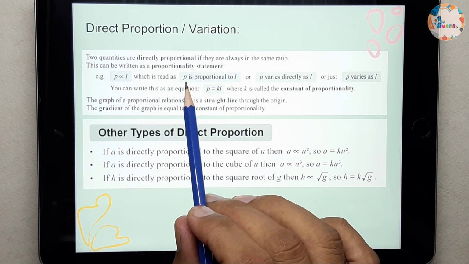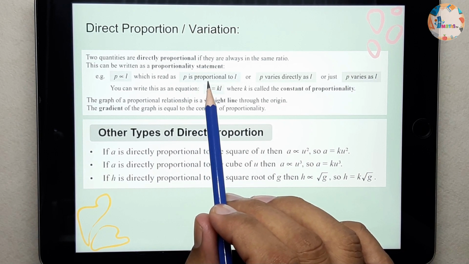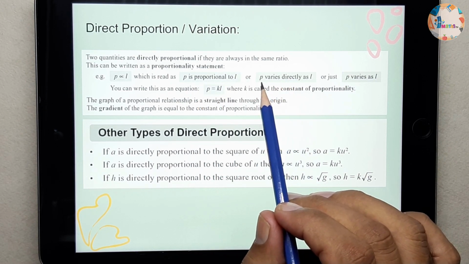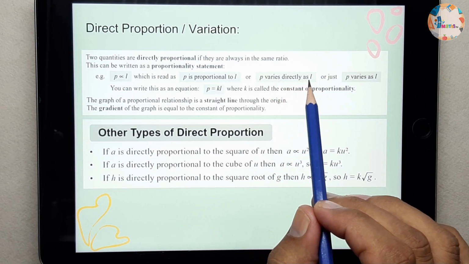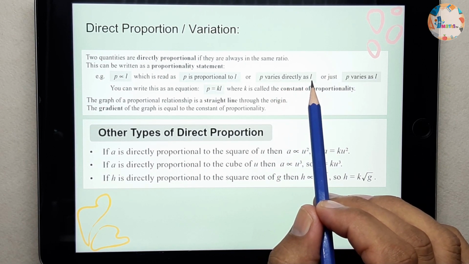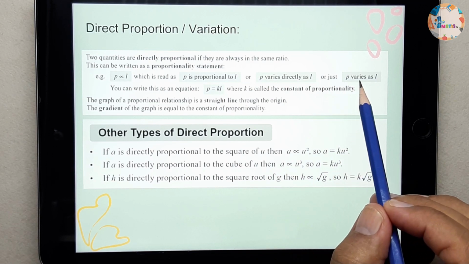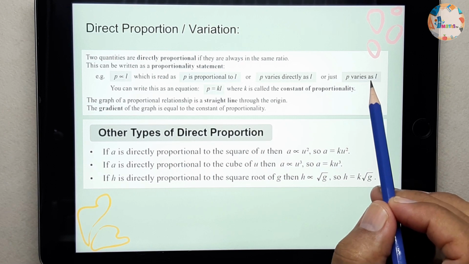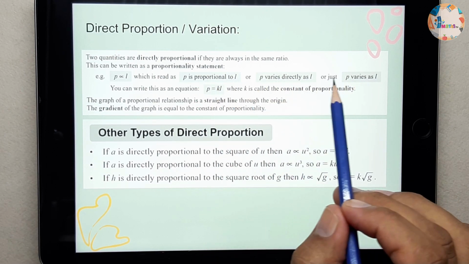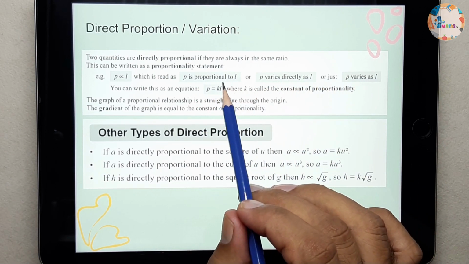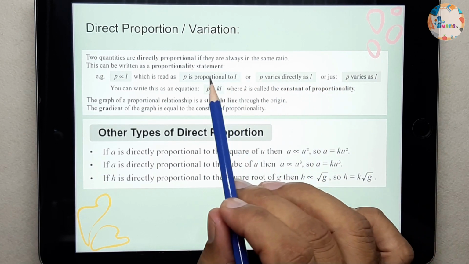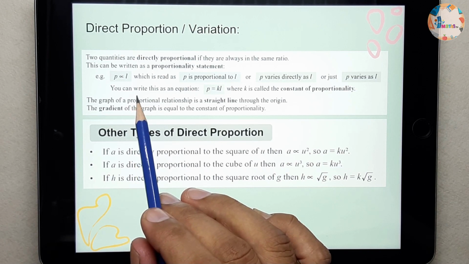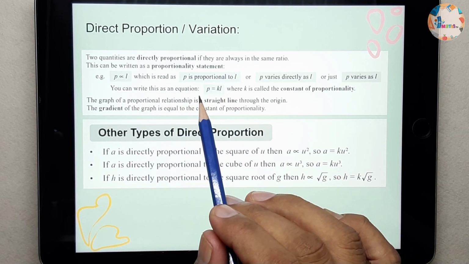They can write P is proportional to L, or P varies directly as L, or another wording, P varies as L. These are three different wordings by which you can identify that this is a direct variation or direct proportion question.